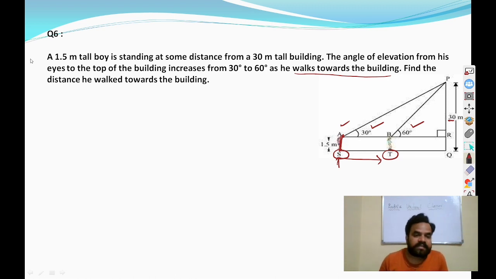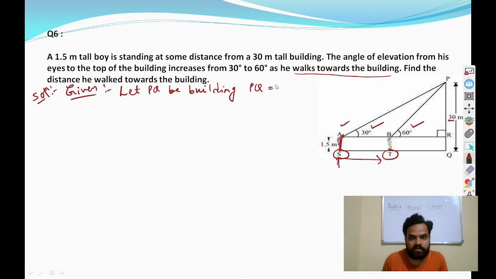So all of you, let's start solving this problem. Write solution, write given. You will take let PQ be the building.